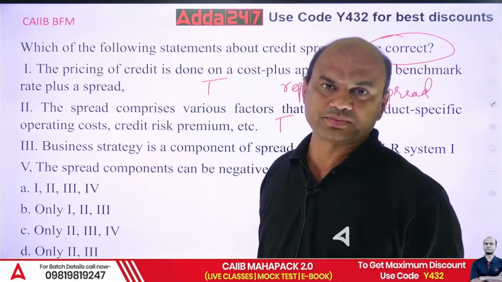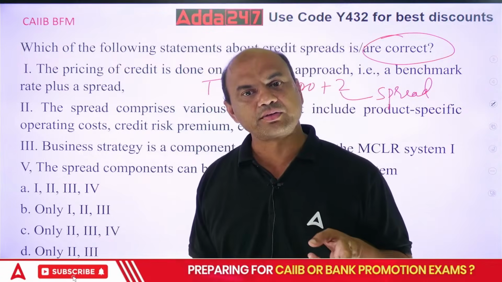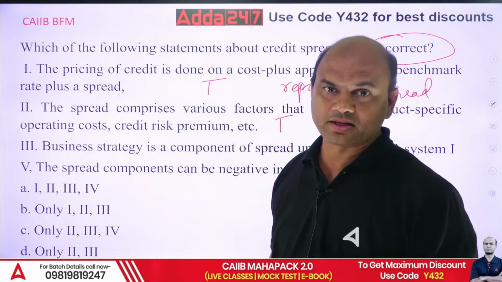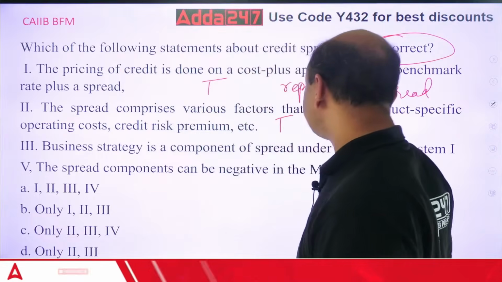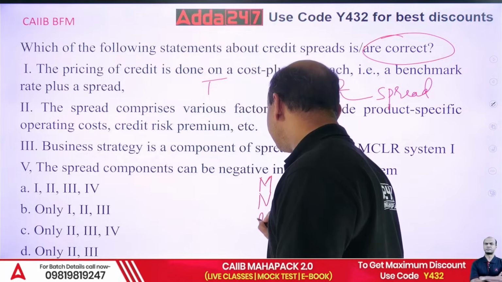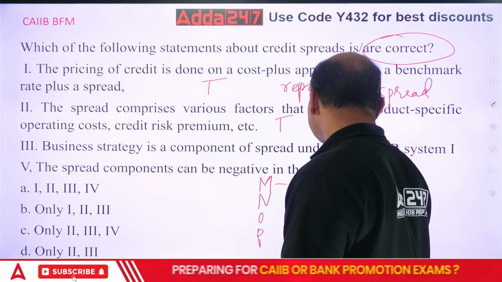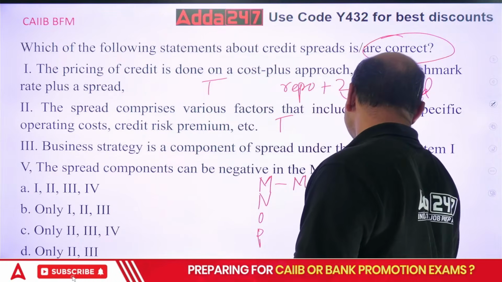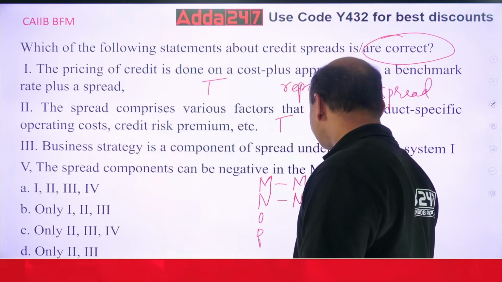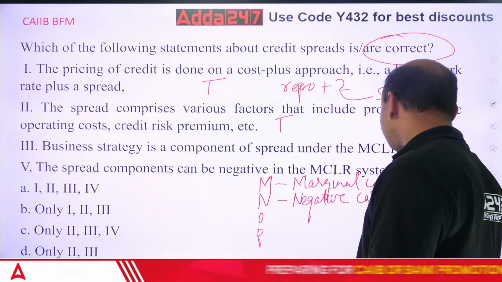What are the 4 parts of MCLR? MNOP. Marginal cost, negative carry, operating expenses and tenor premium. Kindly note this, MCLR has 4 components. M is marginal cost of lending rates. N is negative carry for CRR.